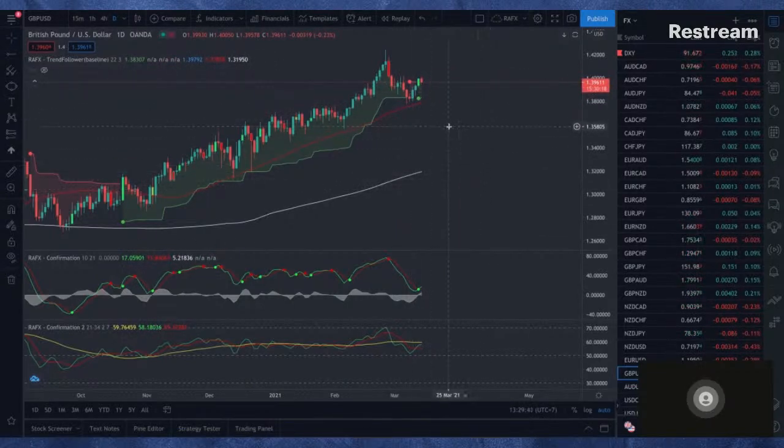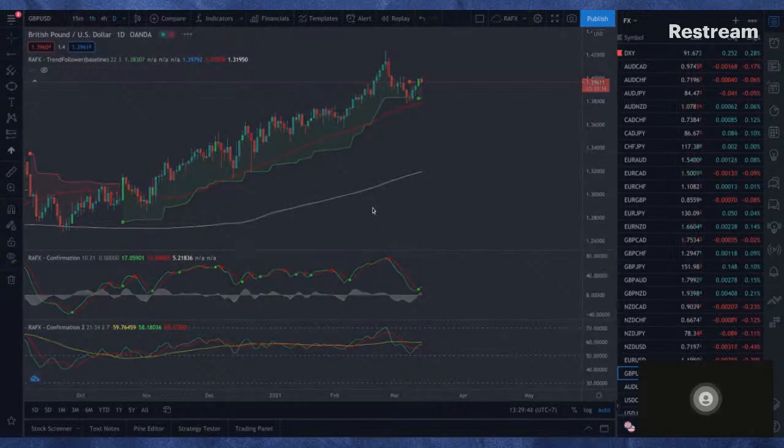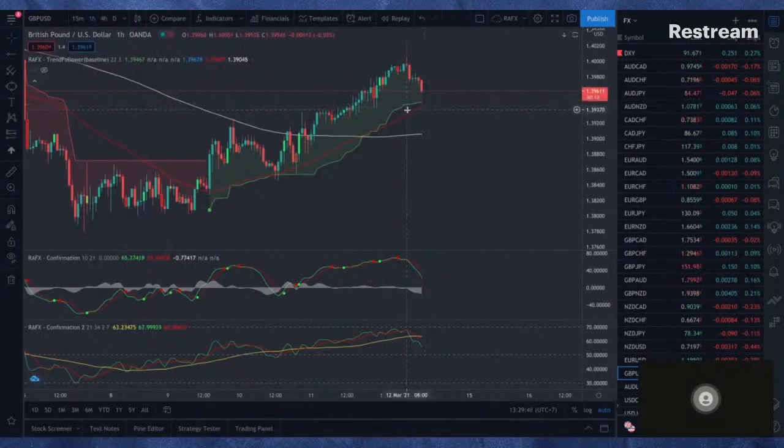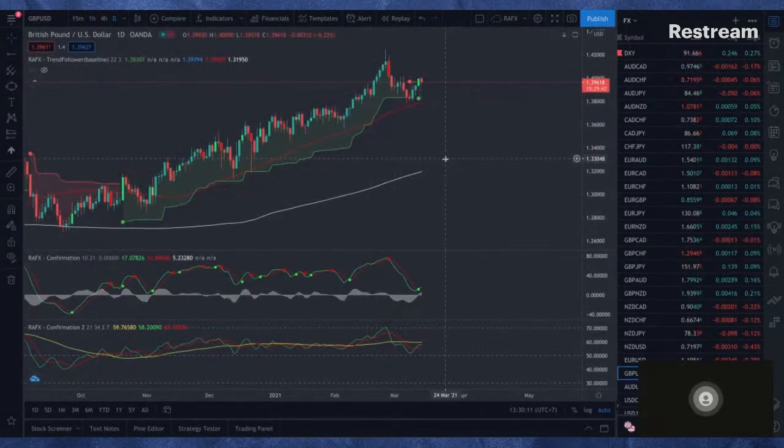So if I am going to trade this one, I will consult my 1 hour time frame, and it looks good to me on the trend follower. But my confirmation is not good because it's still heading downwards, and the confirmation 2 is also in a sell signal. So meaning, even though it gives me a long opportunity in here, my 1 hour time frame doesn't allow me to enter into this trade.